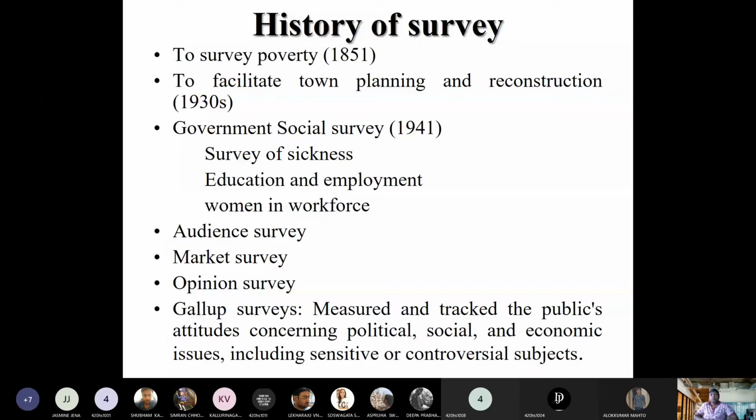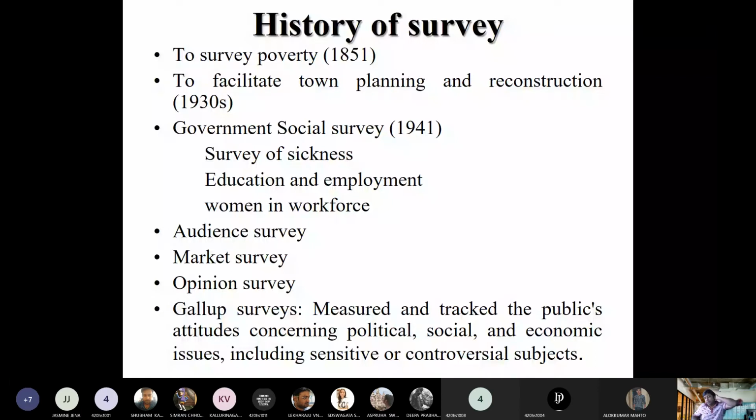How many people like, and how many people want to see Rahul Gandhi, Narendra Modi, or Yogi Adityanath, or someone as the Prime Minister of India. Suppose now the Bihar elections have started, lots of opinion poll surveys are being conducted. So opinion survey is very much a part of our life.